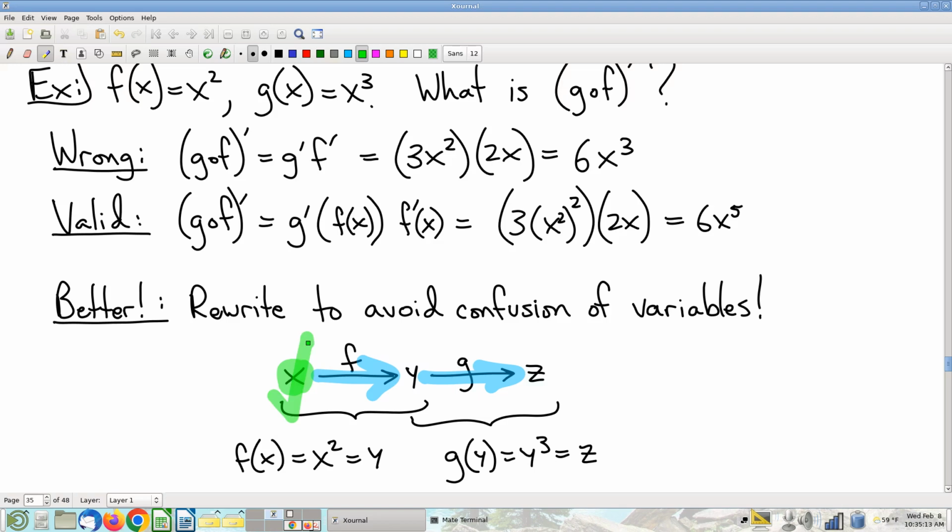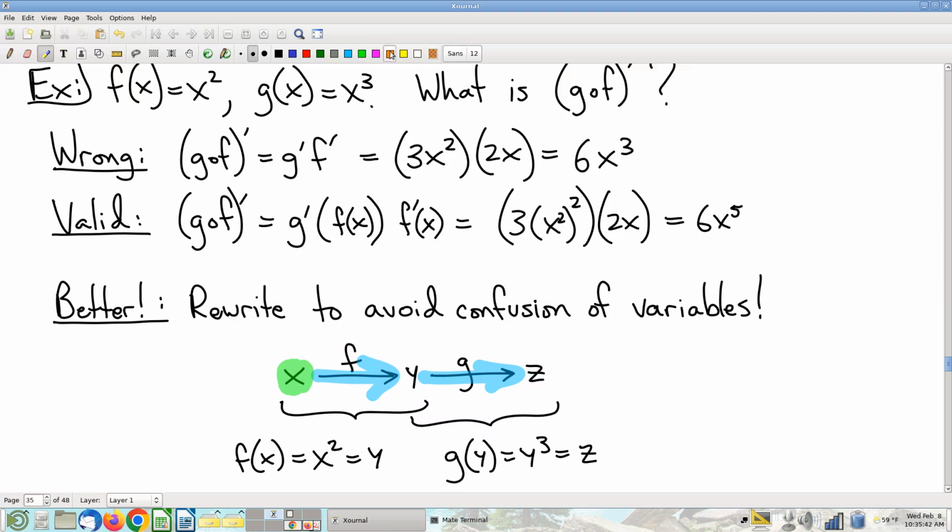I can't then also use x to represent the input for the g function, because the input for the g function has to be the output for the f function. Now x is playing both the input and the output for the same function. That does not make any sense. At best, confusing.